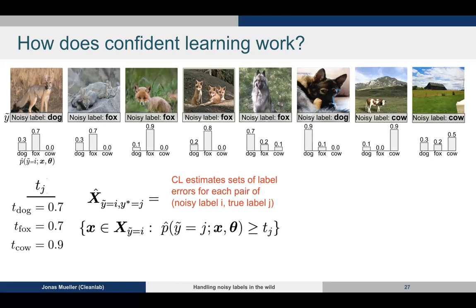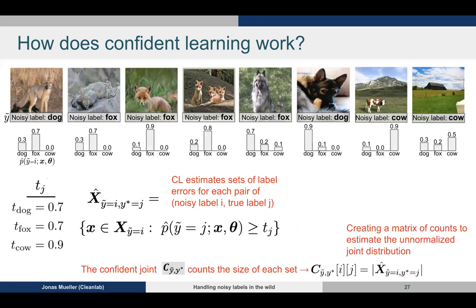And the way we accumulate those counts is we look at every image whose given label is class I, and check whether the predicted probability for class J for this image is above the threshold for class J. If so, we add it to that entry of the counts matrix where we think the given label was class I, but actually the true label should have been class J.